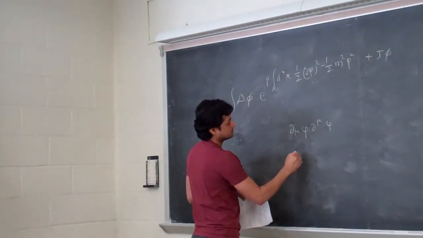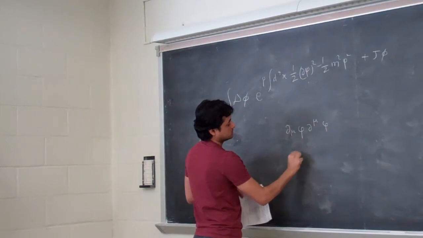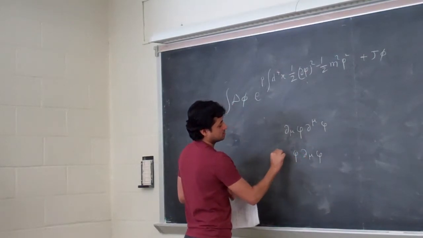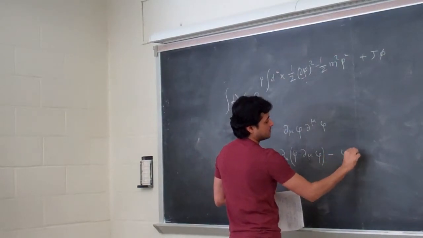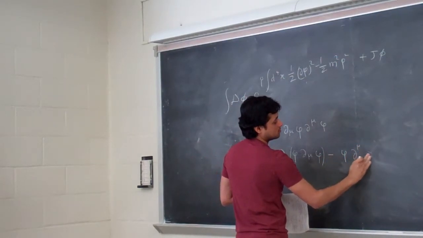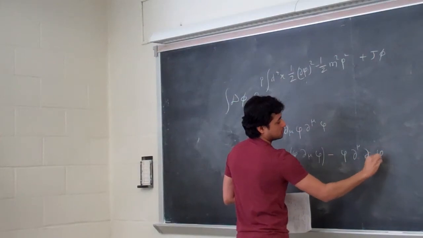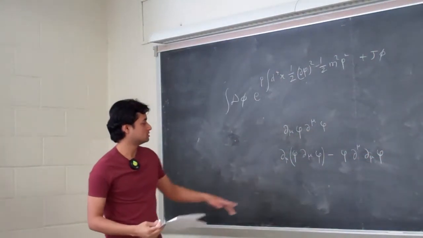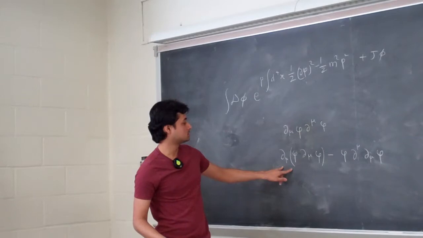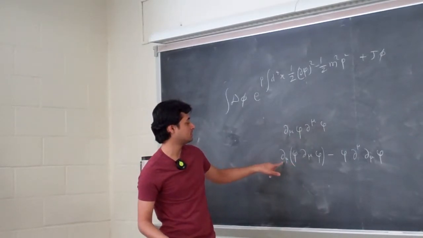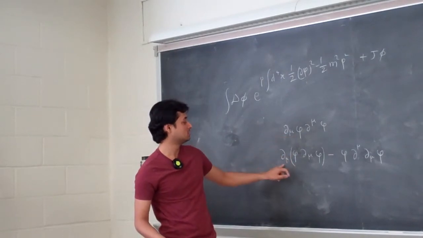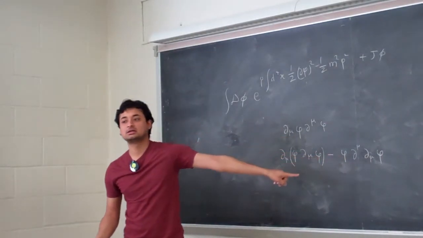So what you do is, phi d mu of the whole thing minus phi d mu. Okay, so this gets two terms because it's the derivative acting on the whole thing. The first term is when this acts on the first phi, you get this. And the second term is what I already subtracted.